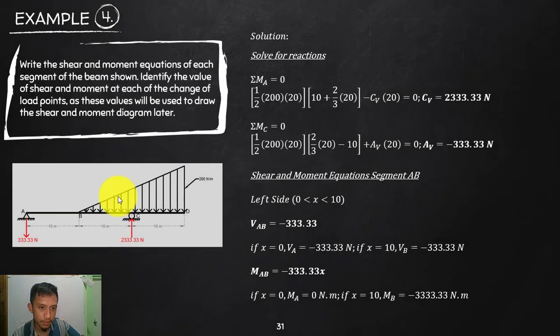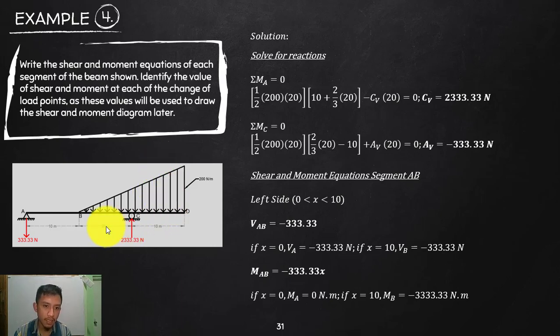Okay, so take a moment at A. So what it will expose is our unknown CV. What is the moment arm? Counterclockwise, let's say my assumption clockwise is positive, so counterclockwise is negative. And then how about this? The concentrated value is 1/2 times length times that height, which is 200. So 1/2 of 200 times length, which is 20. Okay, what is the centroid of a triangle?